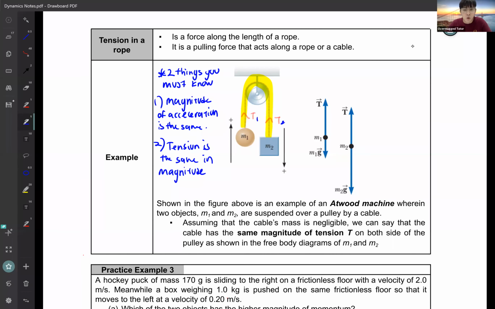Usually they'll just ask you for one unknown. They could ask you, for example, what is the acceleration of the system, or what is the acceleration of mass 1 and mass 2? Then by all means, go for it. You should be able to solve it. So this one is quite simple, but something that they love to test in J1 as well. Yes, the condition is true regardless of the masses for both of them.